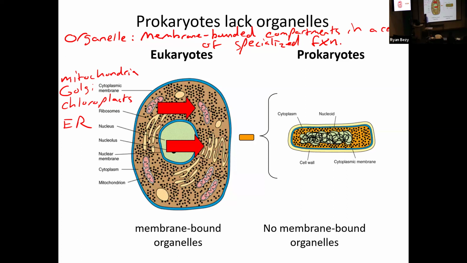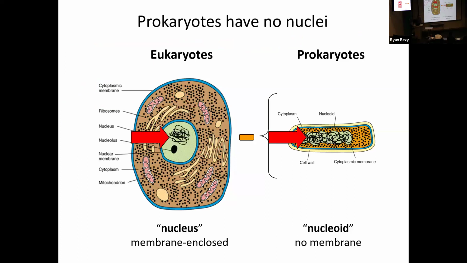Now, all eukaryotes have organelles, prokaryotes do not have organelles. Closely related to that, the nucleus is an example of an organelle, and all eukaryotic cells have a nucleus. This is a membrane enclosed compartment that contains the DNA of eukaryotic cells, but also any function related to DNA, like DNA replication, or transcription, where DNA is used as a template to make what?